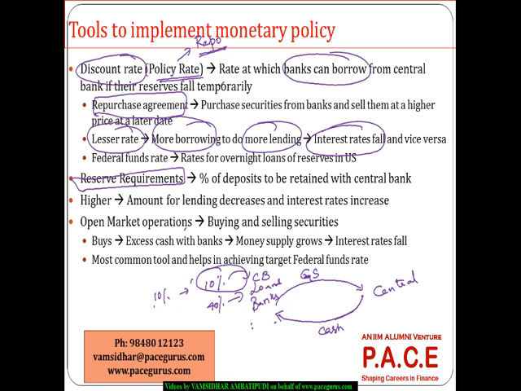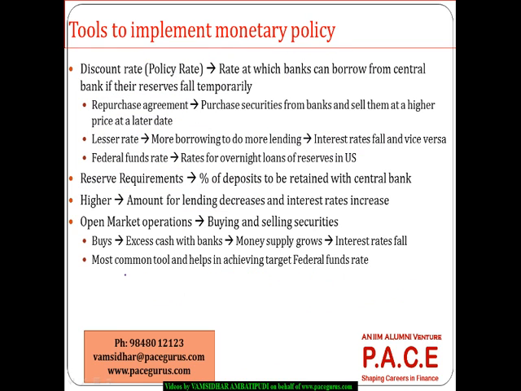As we have seen earlier, with the money supply and the demand curve, if the money supply was here, the interest rates were somewhere here. But if the money supply goes down, the interest rates are going to increase accordingly. So if the reserve requirements are set higher, the amount available for lending decreases and hence the interest rates have to increase. That's one way the central bank implements monetary policy.